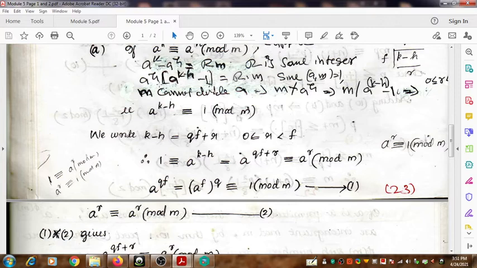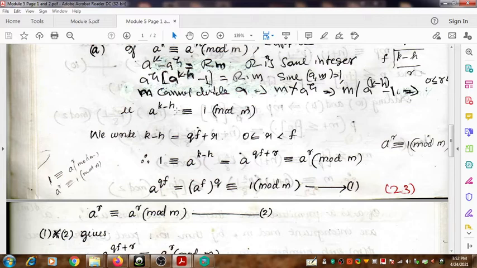But one more fact we have now established, based on our previous mathematical steps: a^(k-h) is congruent to 1 mod m. That means k minus h is also another number having that property when it is used as the power of a.